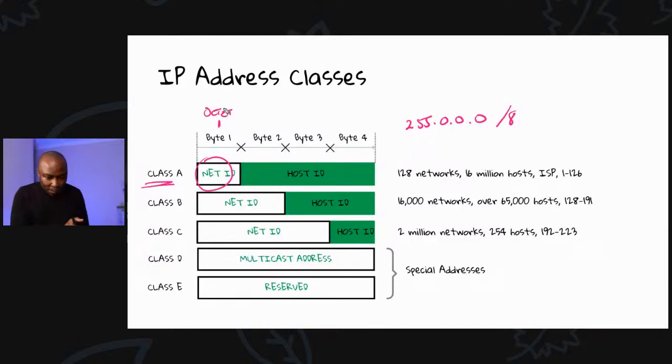A class B address is one where the first 16 bits represent the network and the last 16 bits represent the host.